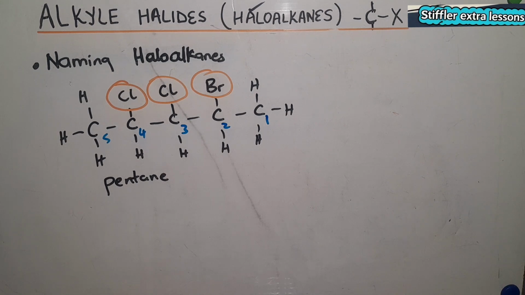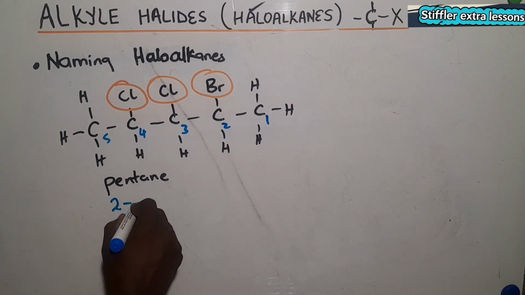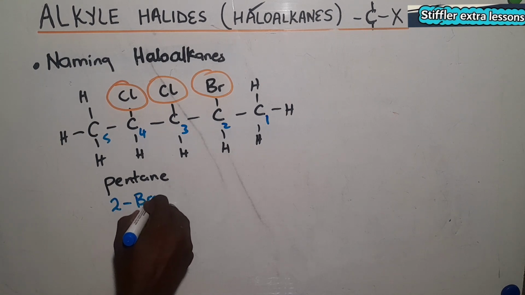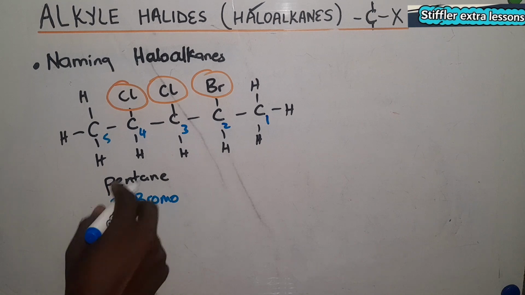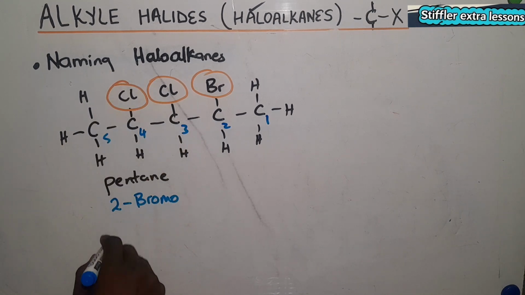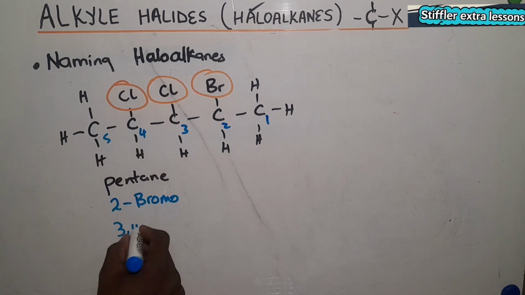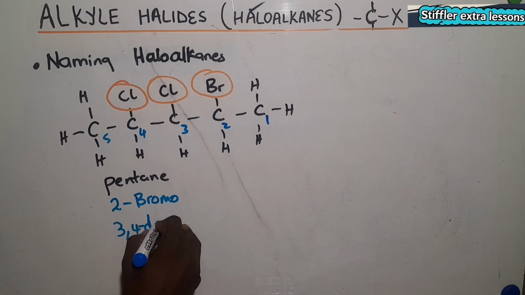Now we give the numbers where our halogens are coming. On carbon number 2, we have a bromo, right? And on carbon number 3 and number 4, we have a chloro. So that will be 3,4. We said if there are 2, we use this. So this will be dichloro.